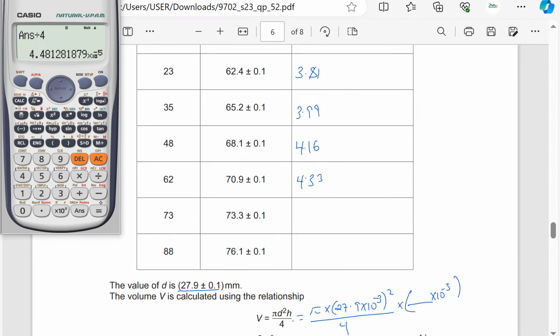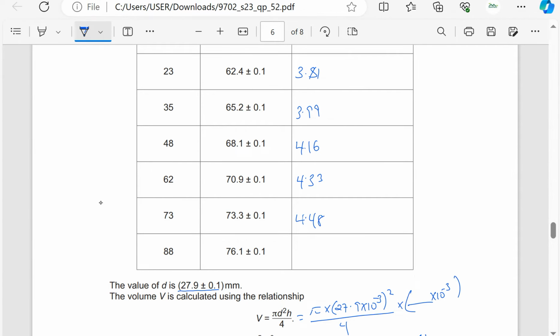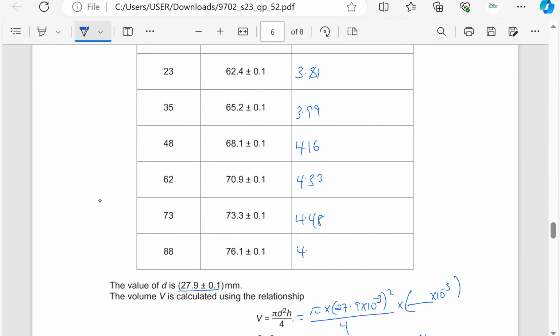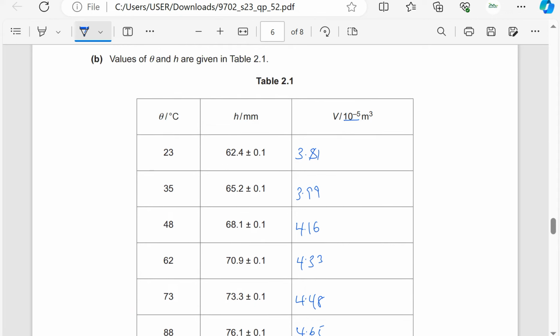So this is 4.48. And then the last one is pi times (27.9 exponent minus 3) squared, then times 76.1 exponent minus 3 divided by 4. So that is 4.65. Okay, so next is to add the uncertainties, plus or minus.